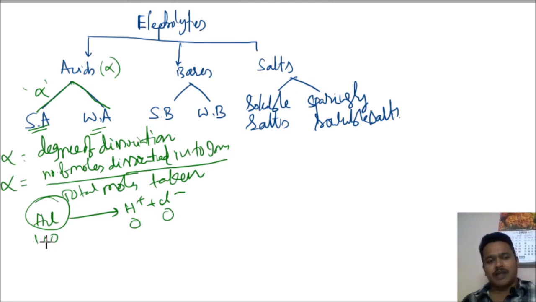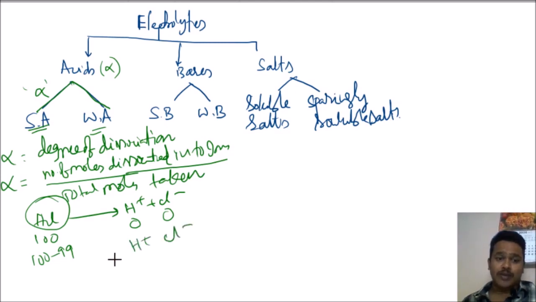After some time t, out of 100, 99 HCl molecules convert into H plus and Cl minus. How many H plus? 99 H plus, 99 Cl minus.